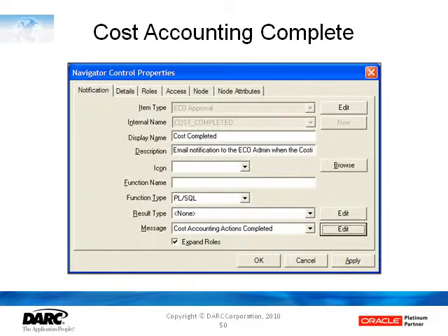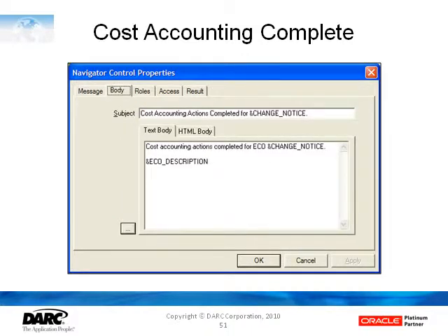The next step here is the ECO administrator wanted to be notified when the cost accounting was complete. So now we're just sending out a notification. We're not asking for anybody to vote, so therefore the function is null.